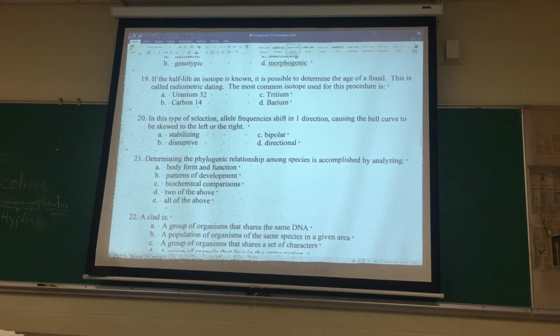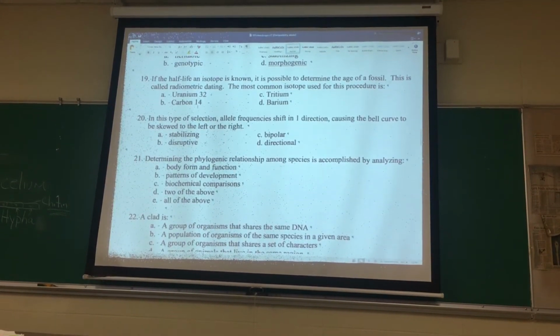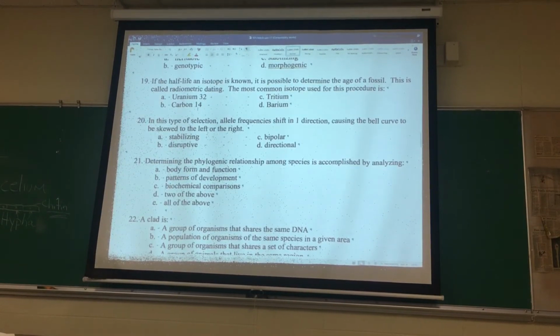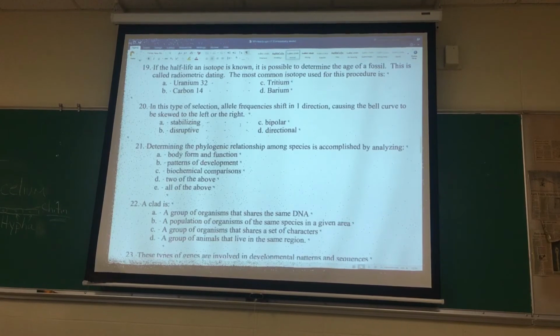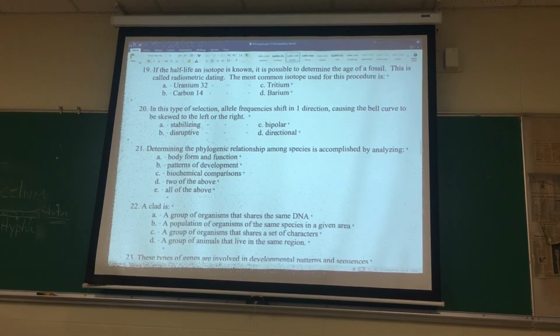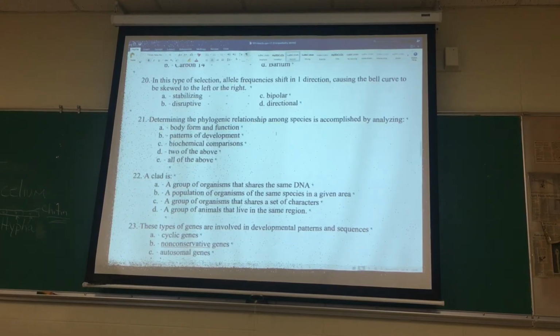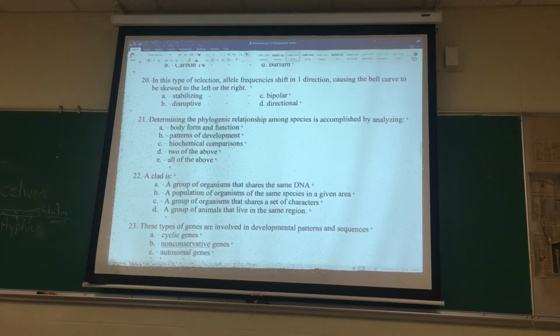Where are we here? Carbon-14 is the most common for aging fossils. If allele frequencies shift in one direction, that's called directional selection. The peppered moth is an example of that. All of these determine the phylogenetic relationship among species.